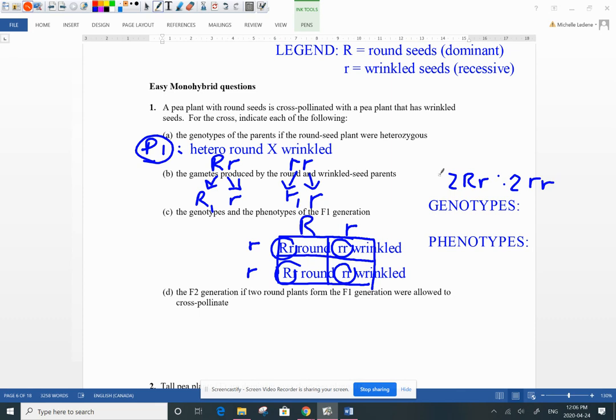Is that lowest terms? No, it's not. I can reduce that to a 1-to-1 ratio. What about phenotypes, the physical appearances? We'll count up. There's two round and two wrinkled. Is that lowest terms? No, it's not. It's 1-to-1, one round to one wrinkled. So there we have our phenotype ratio and our genotype ratio.